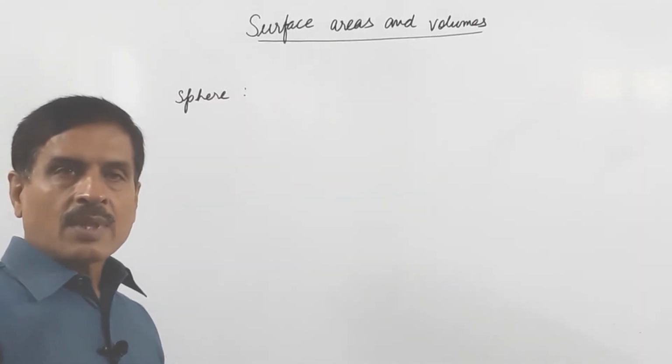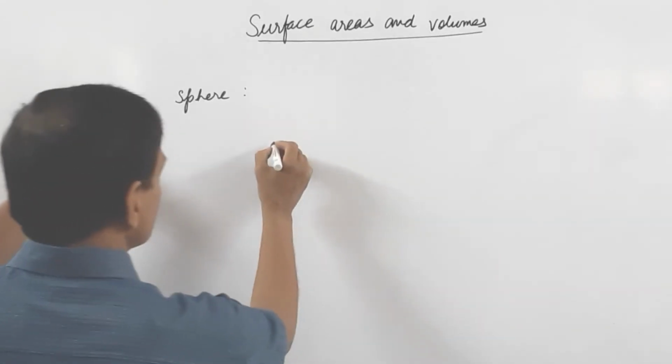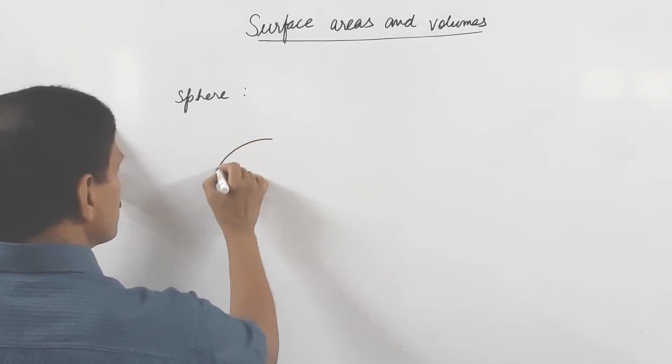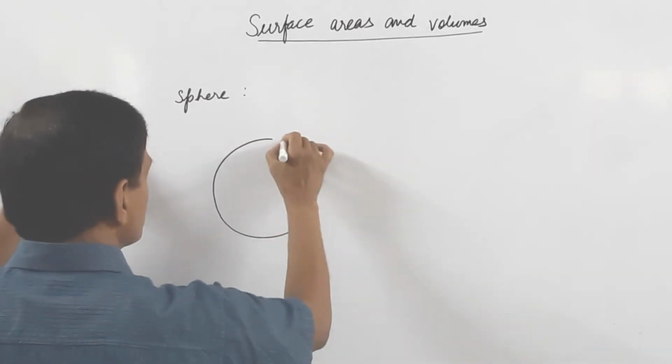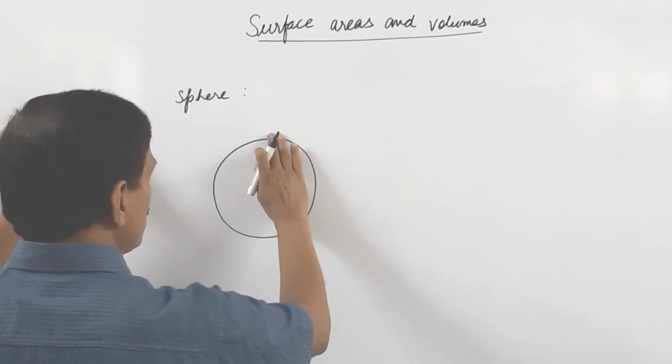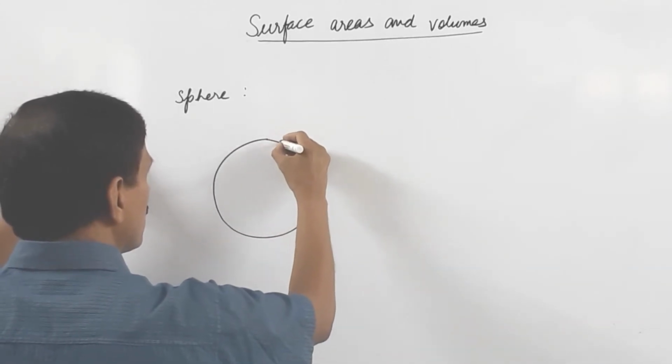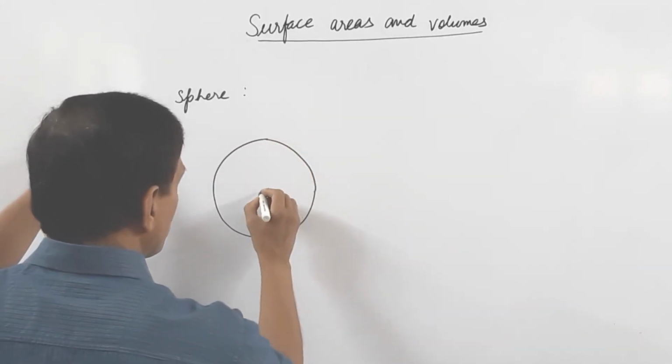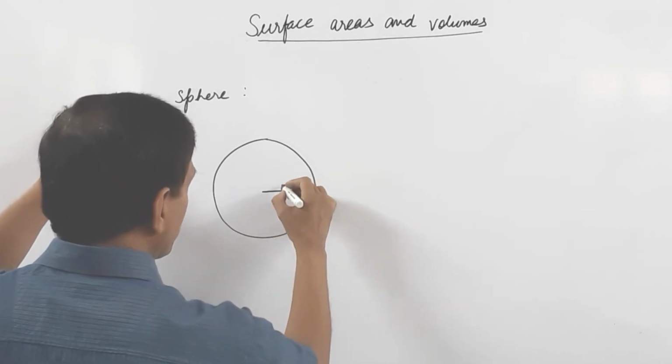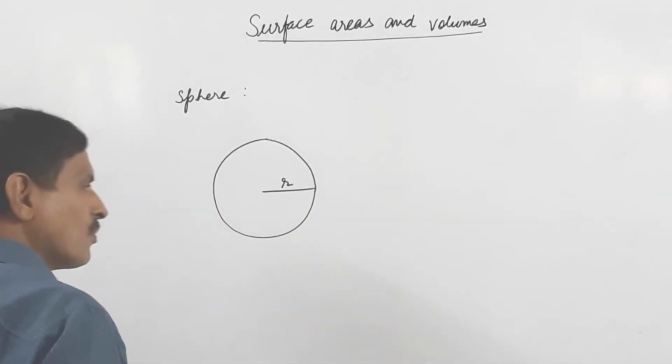Sphere is a solid just like a cricket ball. Its radius is r.